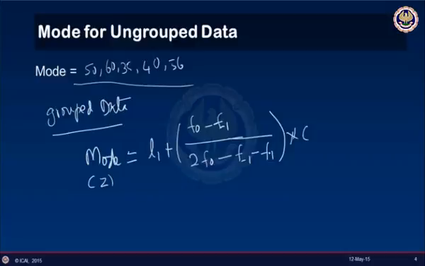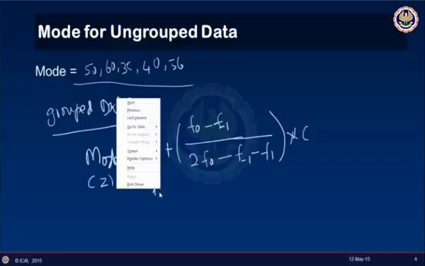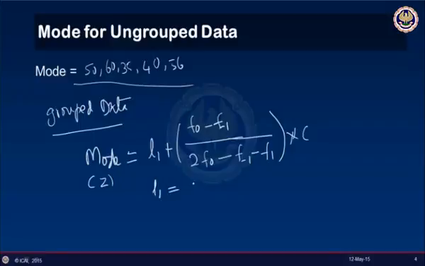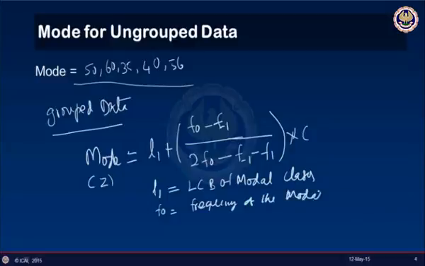Here, L1 equals the lower class boundary of the modal class, that is the class containing the mode. F0 equals the frequency of the modal class.